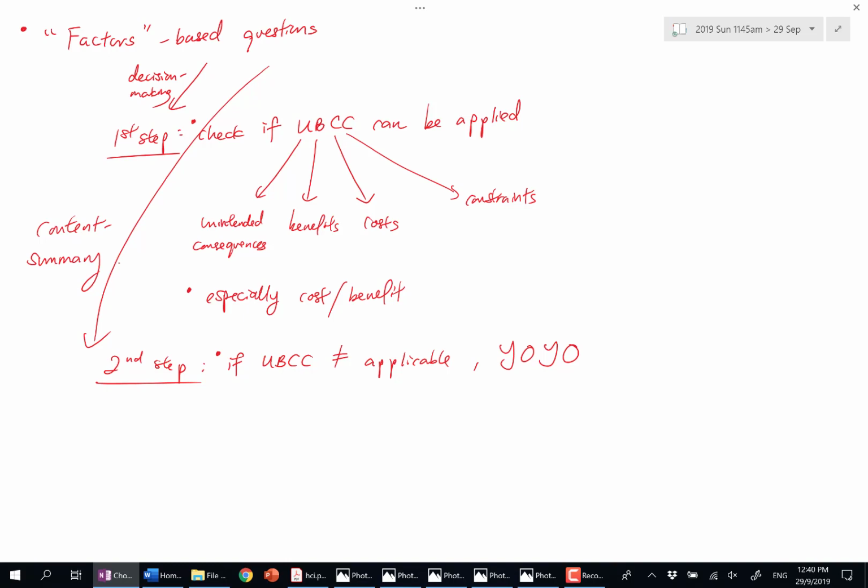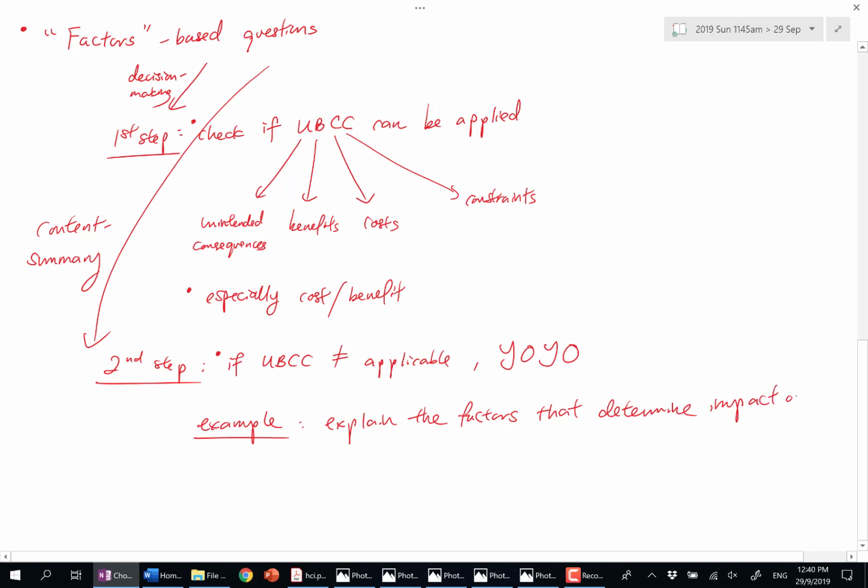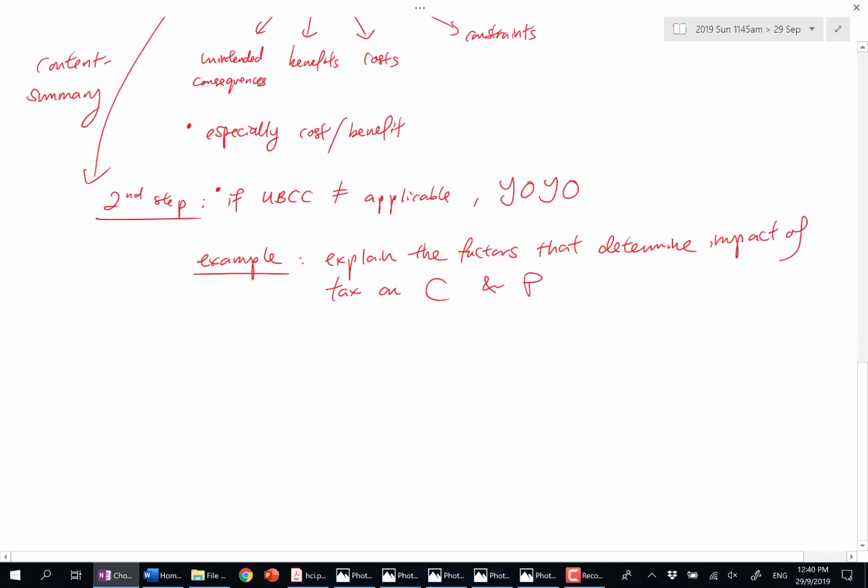So, can I give you an example? Right? I can ask you to explain the factors that determine the impact of a tax on consumers and producers. I think some of you have seen this question before. So this question is about incidence.